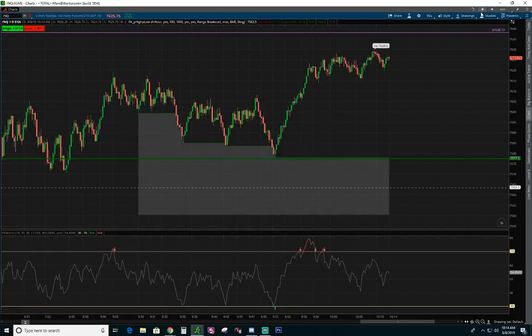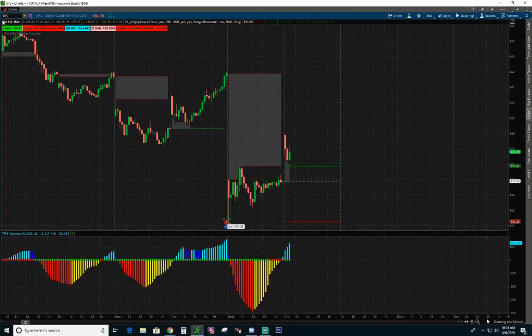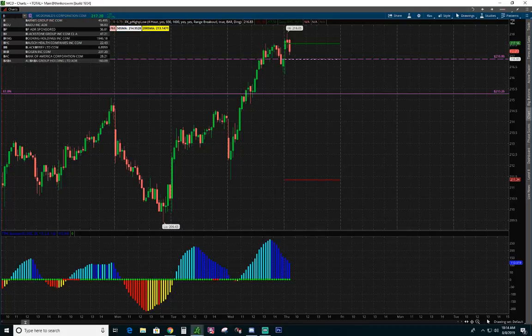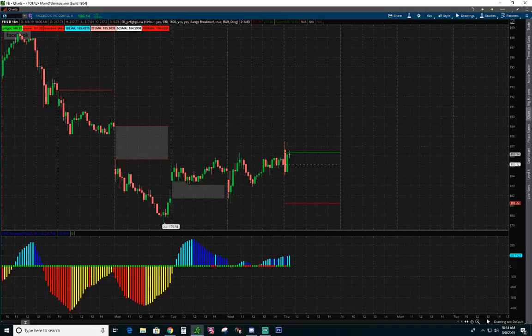Really wish Facebook would do something. So I'm in McDonald's. Of course, it's back inside the range now. Piece of junk. That's what I get for buying it, Rick. Your fault.